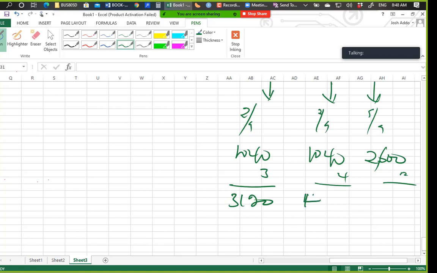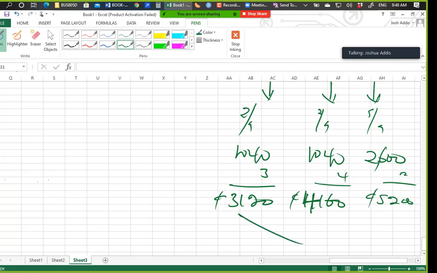Yes. 2600 times 2. 5200. Good. So these are all in Ghana cedis. This is the sales revenue to generate for each product in order to break even.